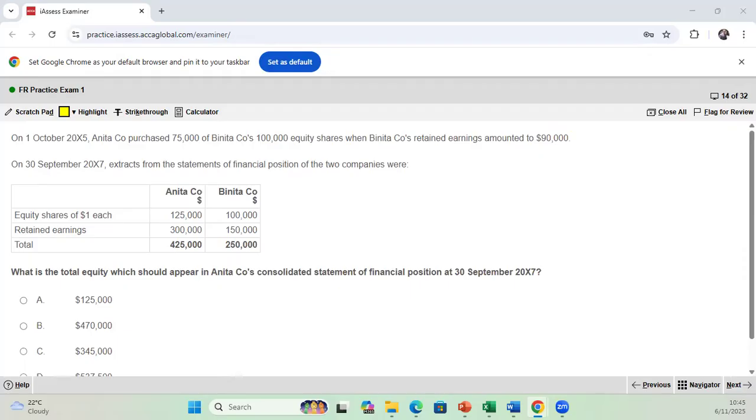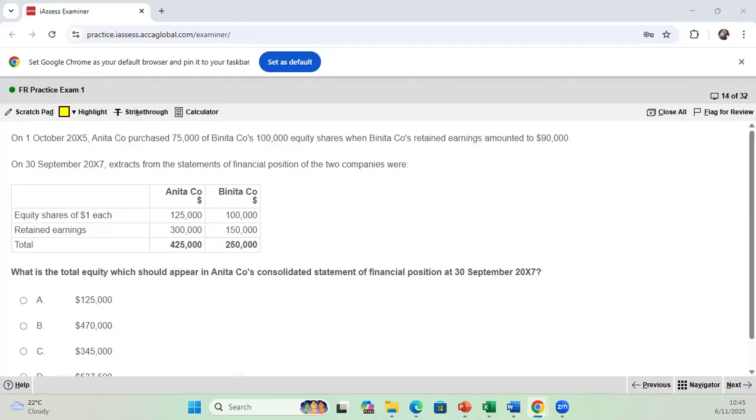In the financed by section, for the shares we take the parent only, but for retained earnings we combine parent plus subsidiary. So we take 125 plus the combined retained earnings.